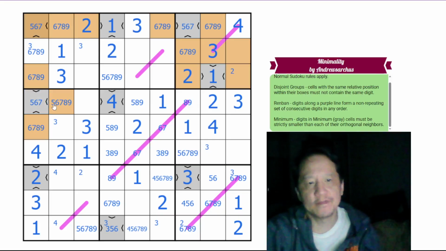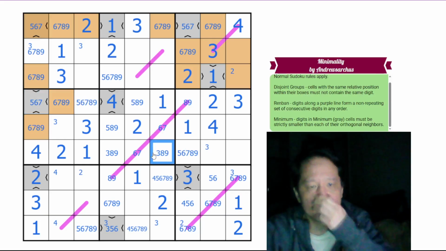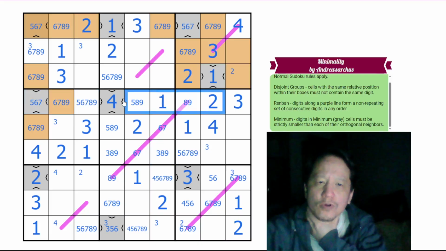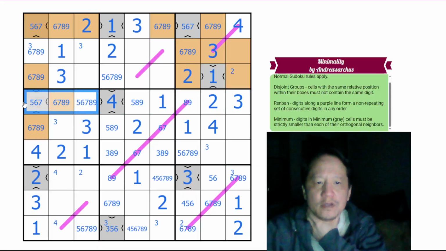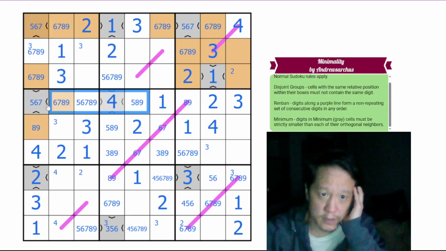This can't be 5 because it has to be greater than 5, 6, or 7. This could be 5. We are guaranteed in row 4, 6 or 7 has to be here. So that eliminates 6 and 7 in the rest of the box.